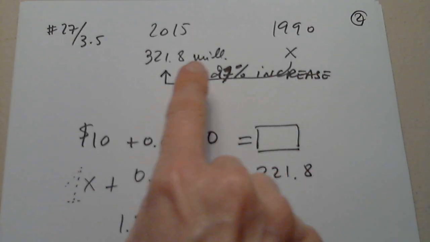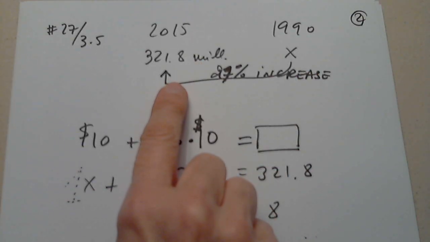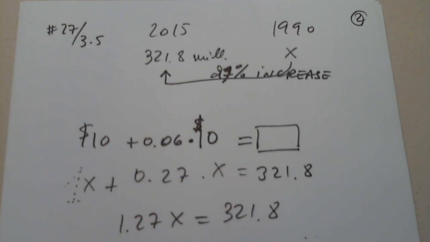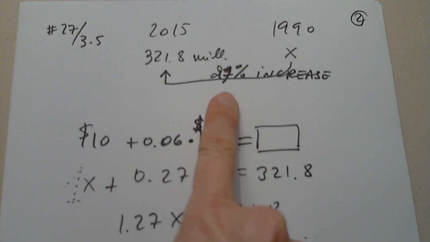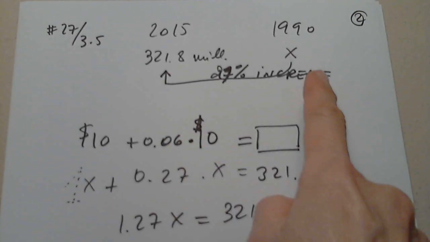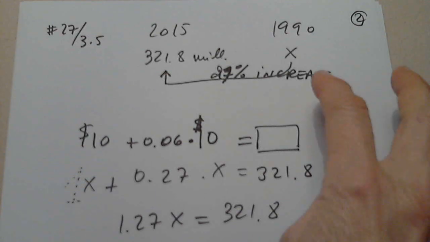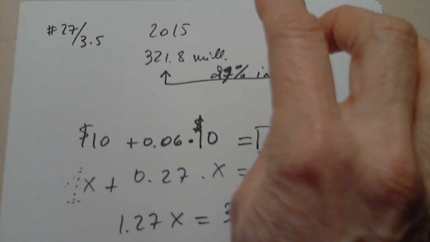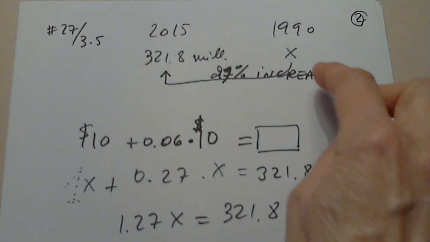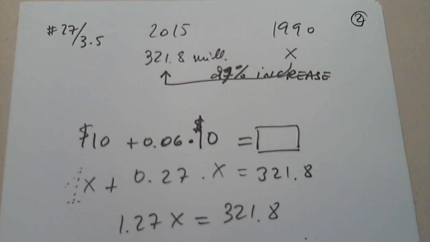Do you expect x to be bigger or smaller than 321.8 million? It's a silly question. To x, I'm adding something to get this. So should x be smaller or bigger than 321.8? Smaller. Much smaller, by 27% of it. This plus the increase will give us this.